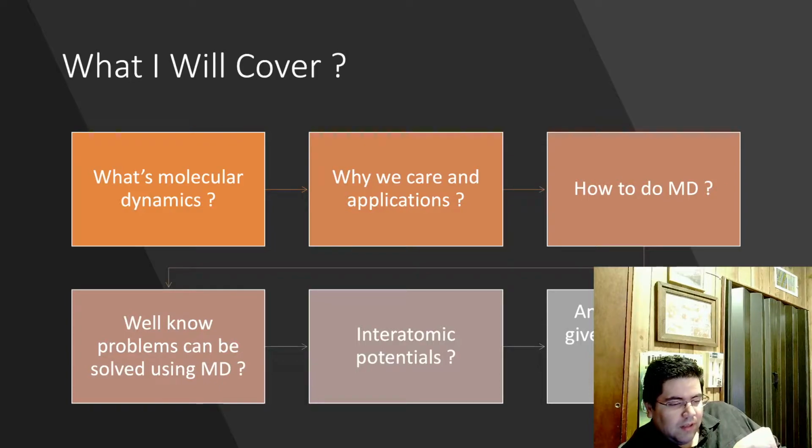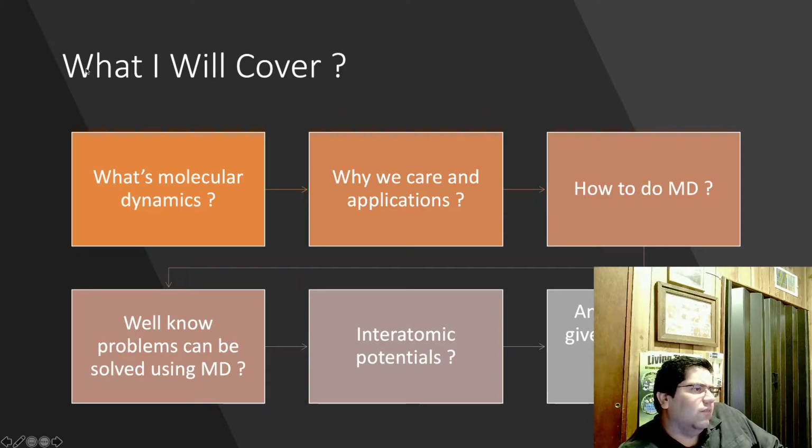For example, we can predict phase changes under temperature or how materials compress under different conditions, etc. Then I'm going to go into interatomic potentials, and finally, if you have any feedback or comments or you want me to explain something that was not really clear, please give your comments, and I will try to reply as soon as possible.